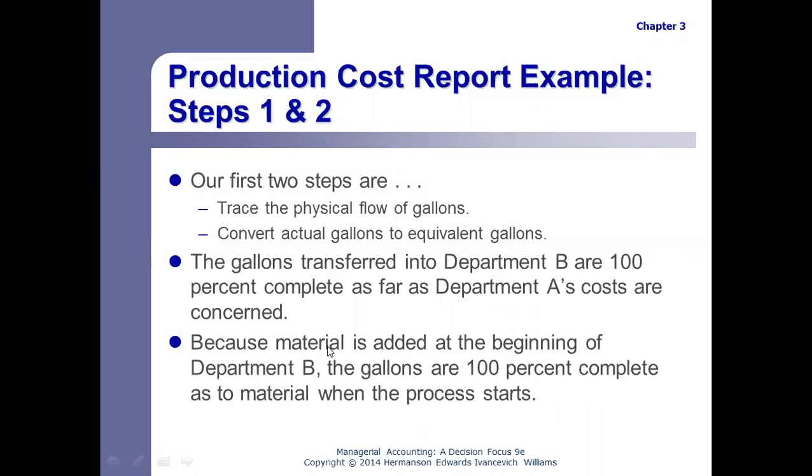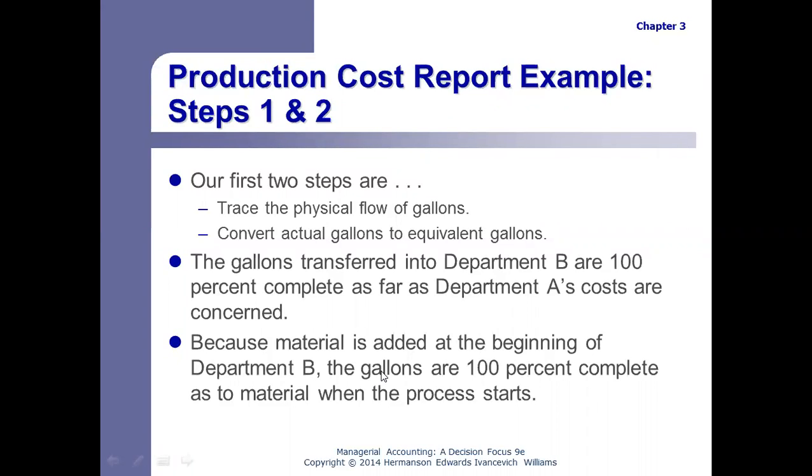So because they're telling you all the materials that are necessary for this product is added right at the beginning, all of the materials are in the product in Department B, regardless of whether it's finished or not, because all the materials are added right away.